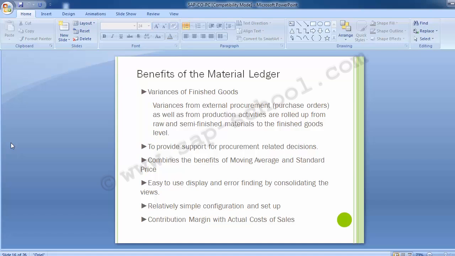Multi-level settlement is used to reconstruct the quantity structure based on the material movement for the period and assign variances for the raw material to the finished and semi-finished products as follow-up cost. The actual price of each material can be updated to the material master for the period closed. So this is just an overview of the material ledger, or how the actual costing is used with the help of the material ledger in the SAP system.